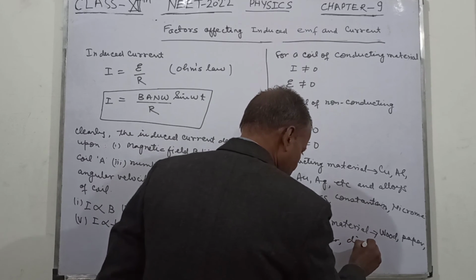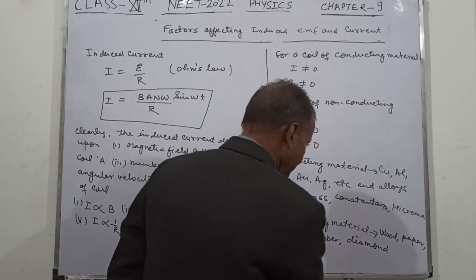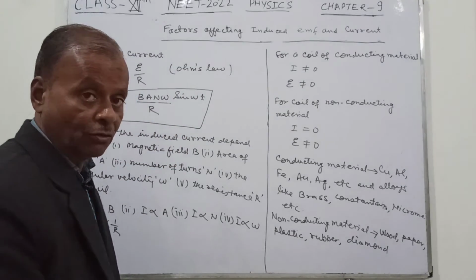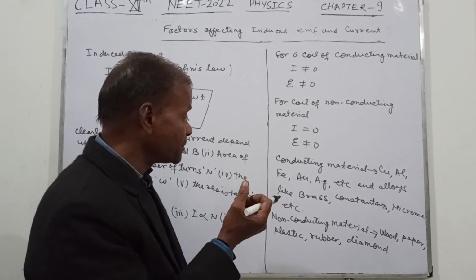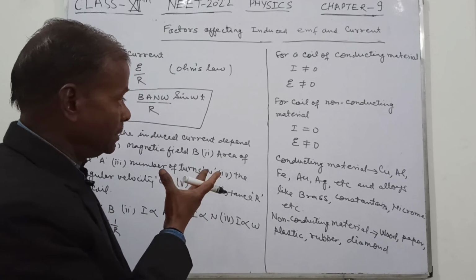Diamond is not conducting, but graphite is a conducting material.